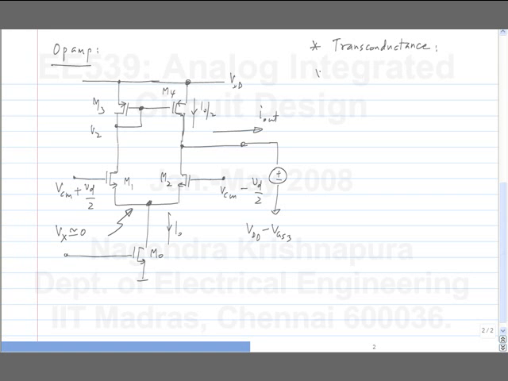So if you look at the tail node voltage, Vx equals 0 if the circuit is symmetric and you apply a purely differential input.